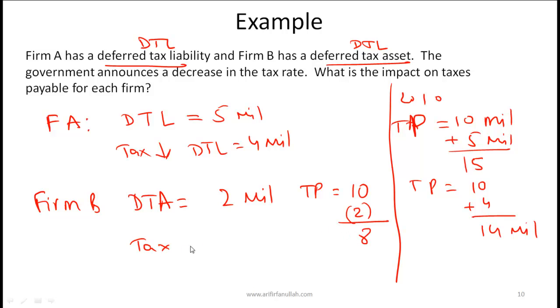But when the tax rate goes down, let's say the deferred tax asset becomes 1 million. Now the tax payable actually goes up, because from 10 we are only subtracting 1 and the tax payable becomes 9. So not very good news for firm B, which has a deferred tax asset.